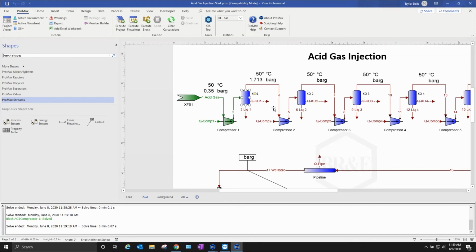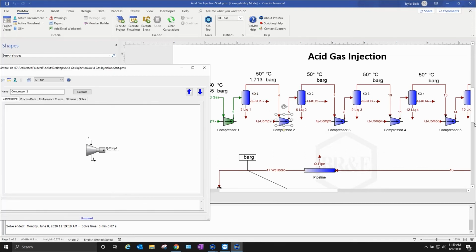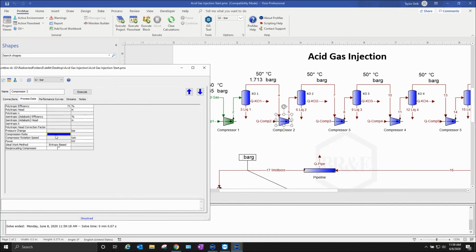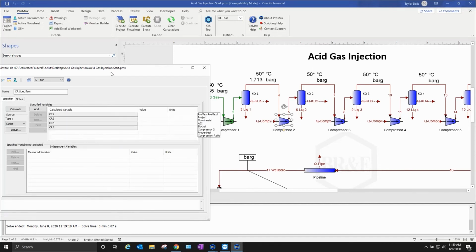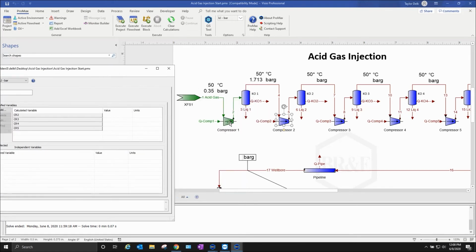All right, so we've seen how to do these. We actually had something set up in here already to auto-populate the rest of this. You can see here an advanced specifier on the compression ratio for compressor 2, 3, 4, and 5. All this is doing is saying, hey, whatever the compression ratio is here, make it the ratio all the way down the line.